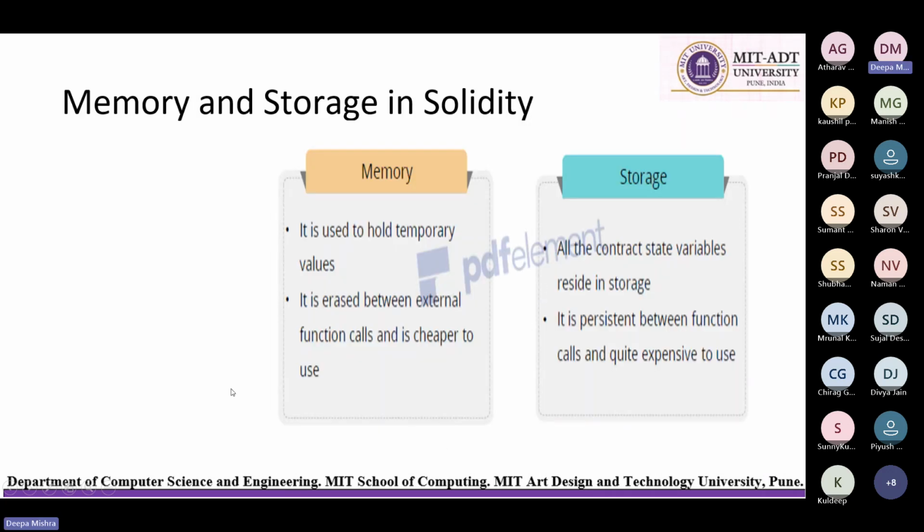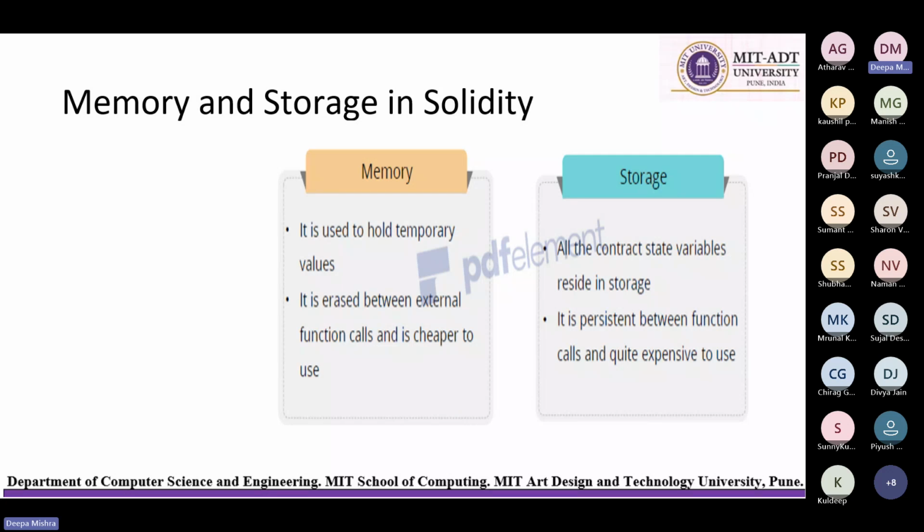Before we start coding or writing our first Solidity program, we need to look at certain concepts in Solidity, and then we can move forward. We first need to understand the difference between memory and storage in Solidity. There are two types of storage locations that can be used when you're writing your programs.